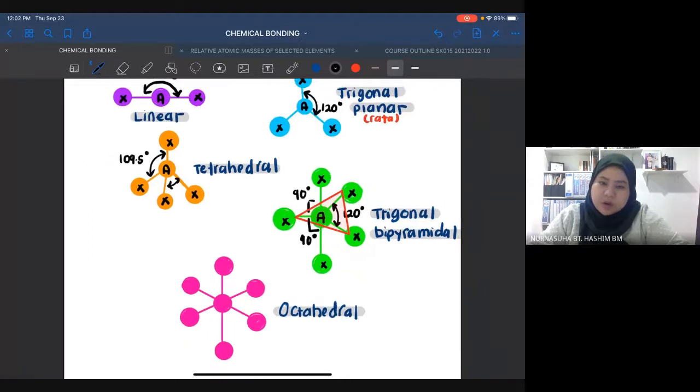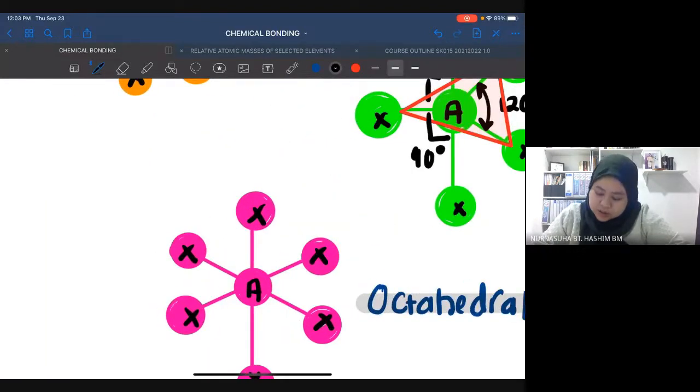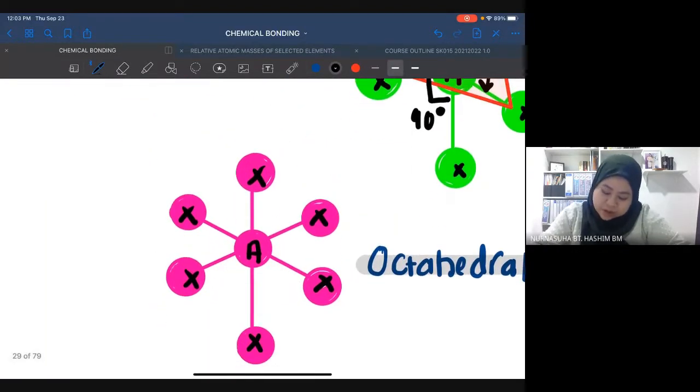Okay, so last one, octahedral. Octahedral is when you have a central atom surrounded by 6 terminal atoms. Kalau kita tengok kat sini ya.